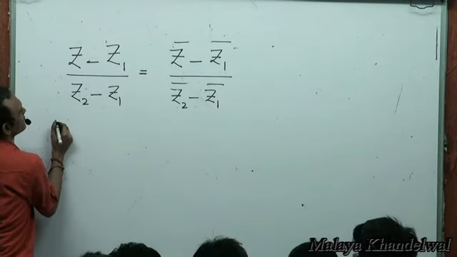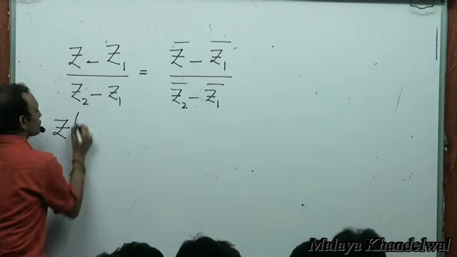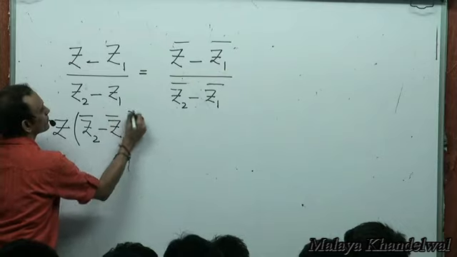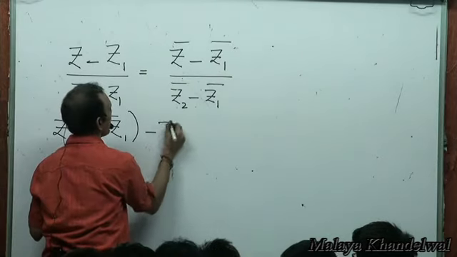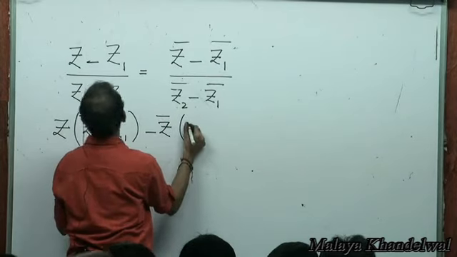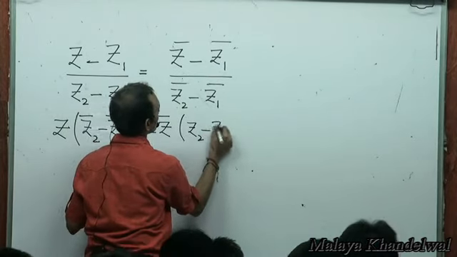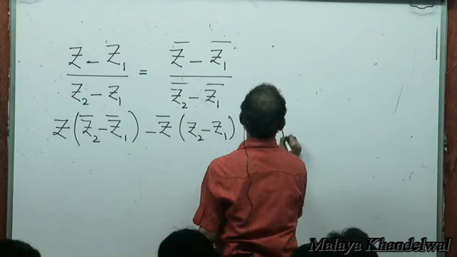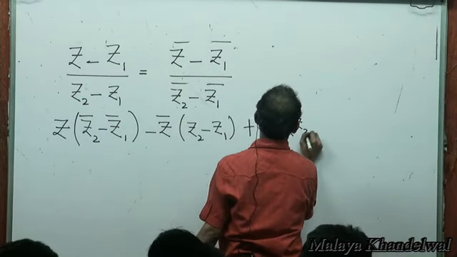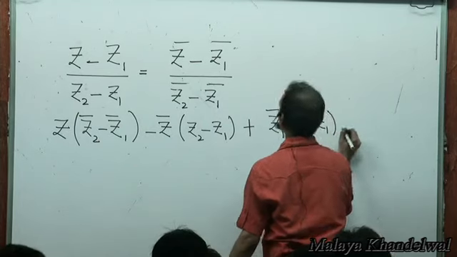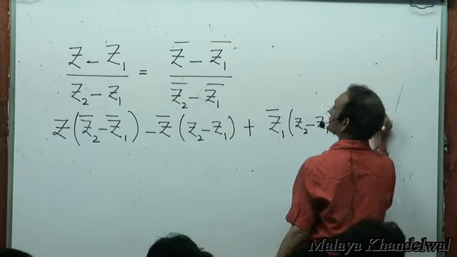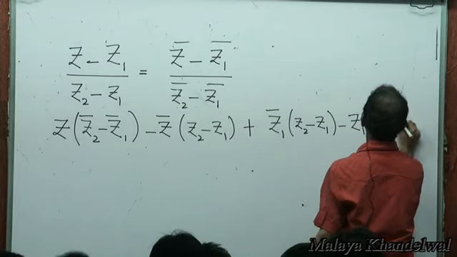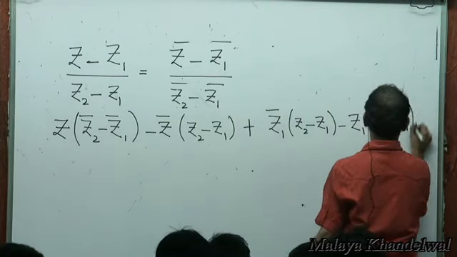So then this is like z into (z2 bar minus z1 bar) minus z bar into (z2 minus z1) plus z1 bar into (z2 minus z1) minus z1 into (z2 bar minus z1 bar), equal to 0.